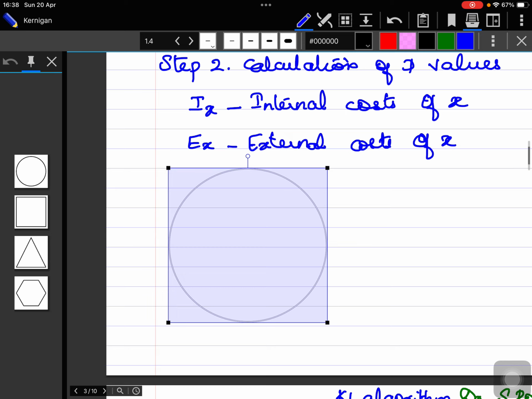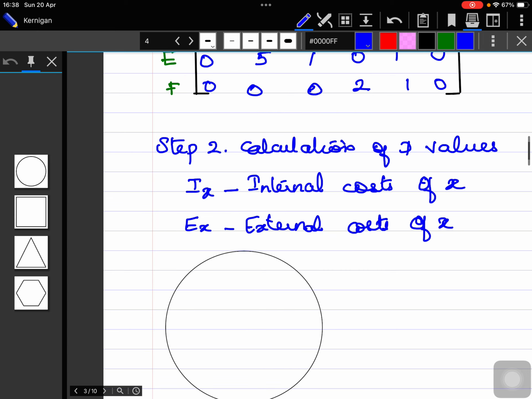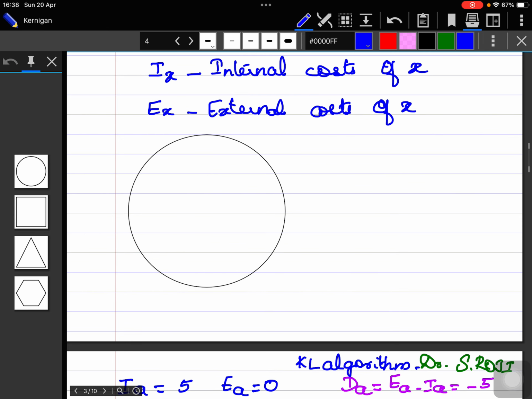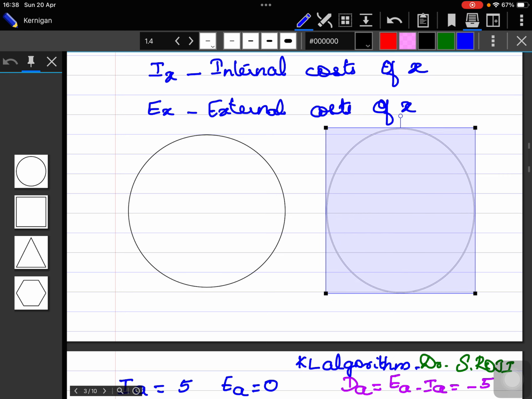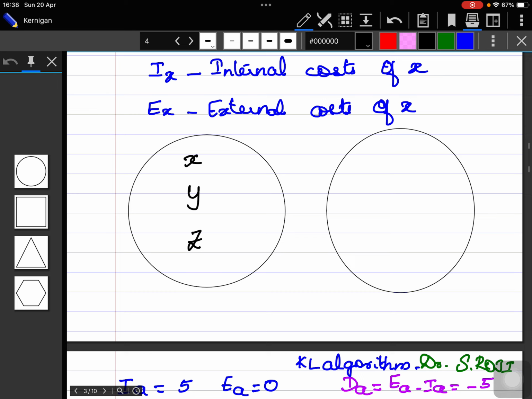In my first partition, assume I have x, y, and z, and in the next partition I have s, t, and u. This is for your understanding, this is not given in your graph.